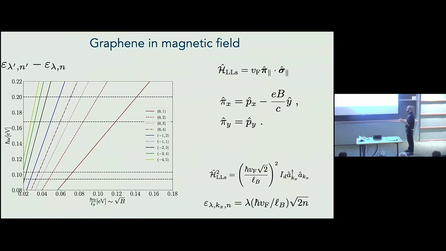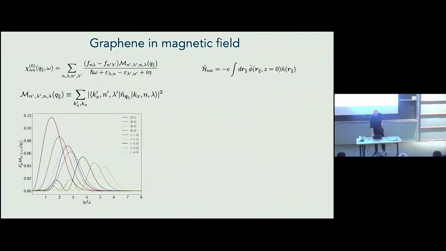They are not evenly spaced like in the usual 2D electron gas because of graphene, that gives you the square root of n, but this is what you get. And you see the continuous lines are dipole allowed transitions, and the other ones are non-dipole allowed.